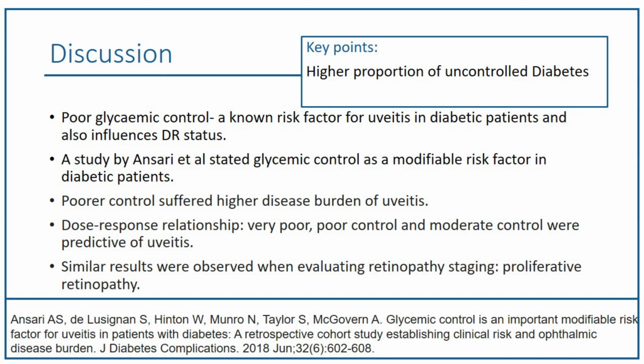Poorer control suffered a higher disease burden of uveitis, and a dose-response relationship was noted based on the glycemic control of these patients. So, very poor control and moderate control were more predictive of uveitis. Similar results were observed when evaluating retinopathy staging, which means that very poor control and moderate control were more predictive of proliferative stages of diabetic retinopathy.